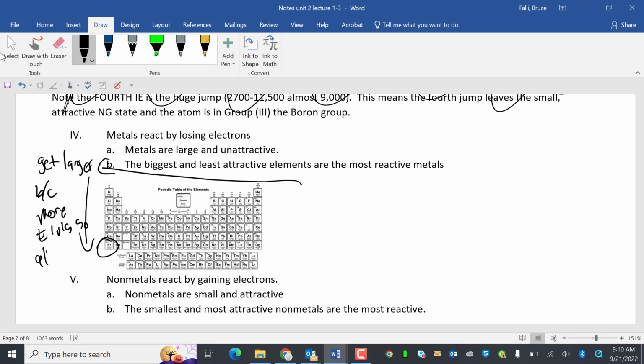So, instead of attract, I should say lose electrons better. And as you go to the left, you have fewer protons. So less attractive. So lose electrons better.